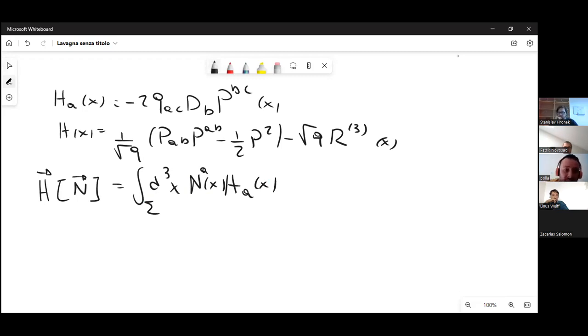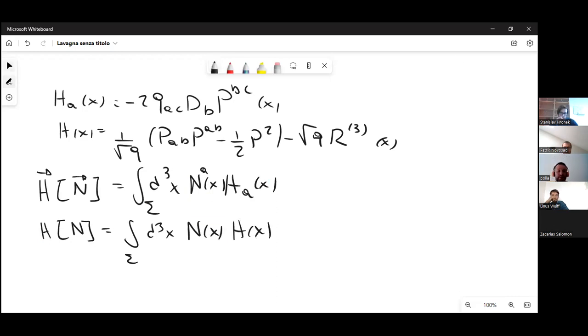In this way we have an integral which cures all the Dirac deltas, and the same for H. Here n^a and n are arbitrary test functions.